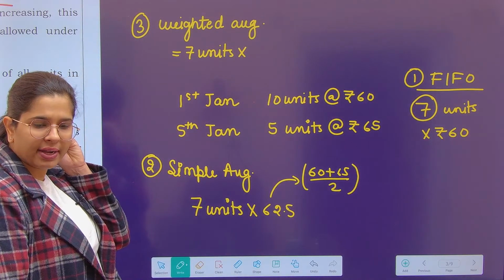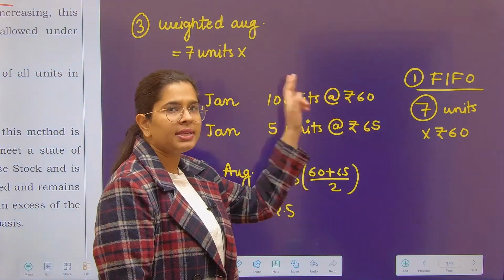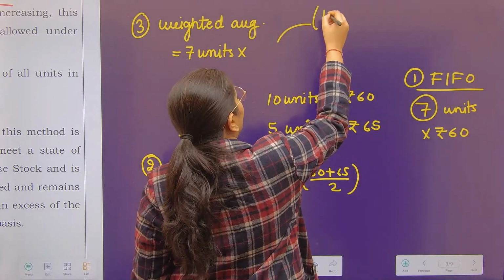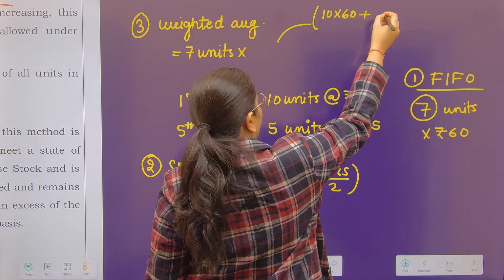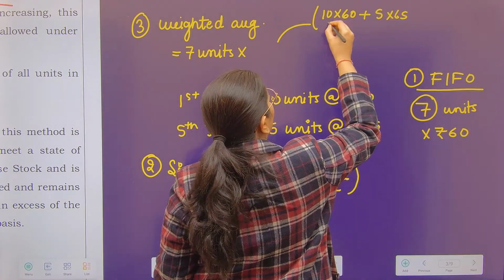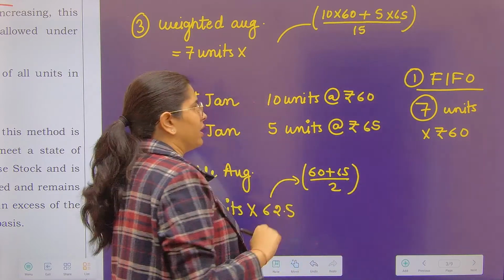So how will I find out? Weighted average says 10 multiplied by 60, that is, 10 units multiplied by 60 plus 5 units multiplied by 65, divided by 15. That is the total number of units.